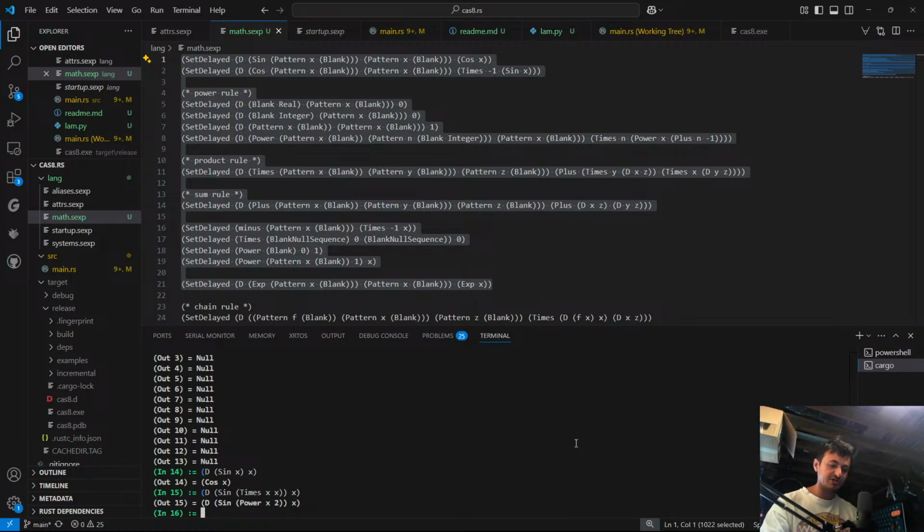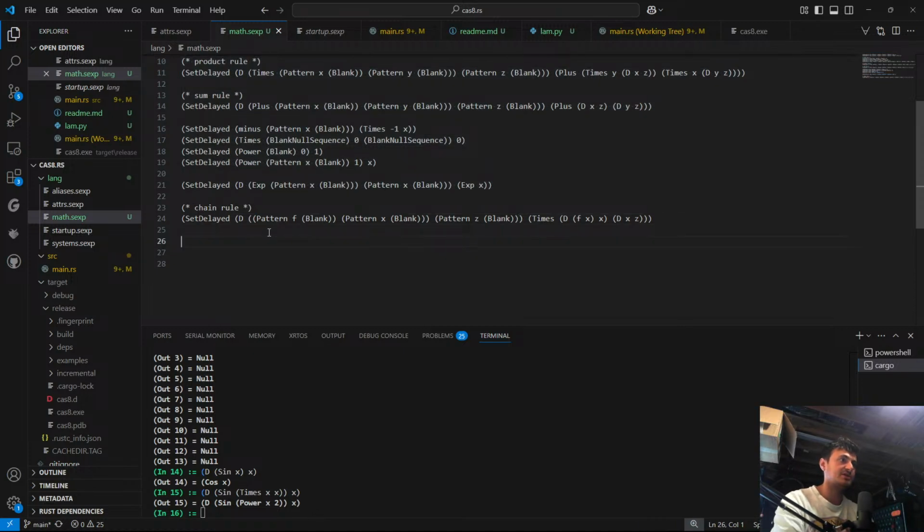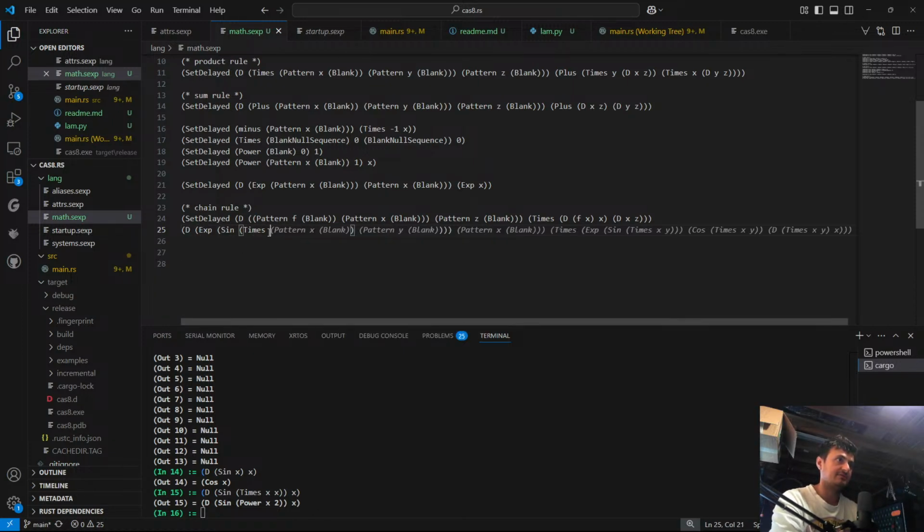The thing is, it shouldn't be recursing infinitely because, all right, the expression that we're trying to do is d of x of sine of times of x times x with respect to x. So this is the derivative that we're trying to take.